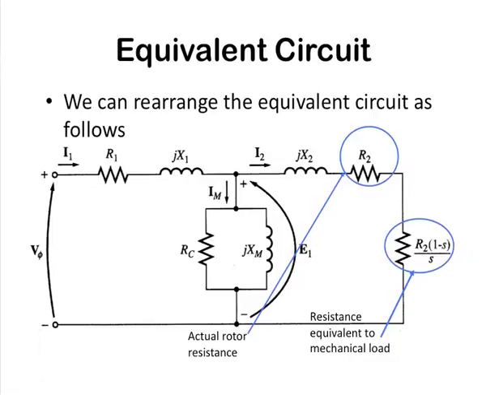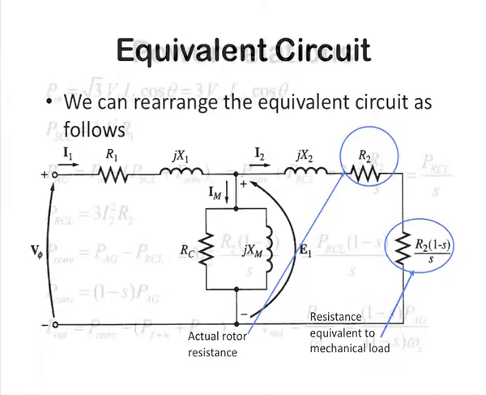One will be the fixed resistance R2 and another will consist of R2 (1 minus S)/S. This R2 (1 minus S)/S is equivalent to the mechanical load, and X2 will remain as it is.